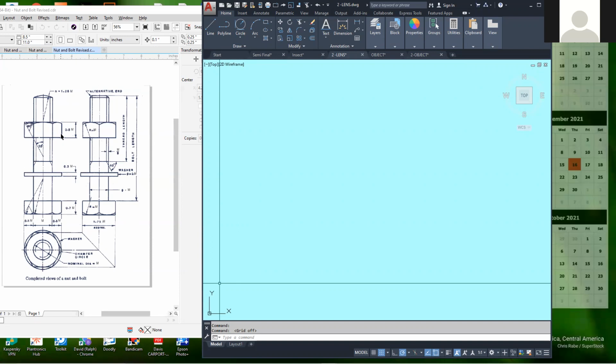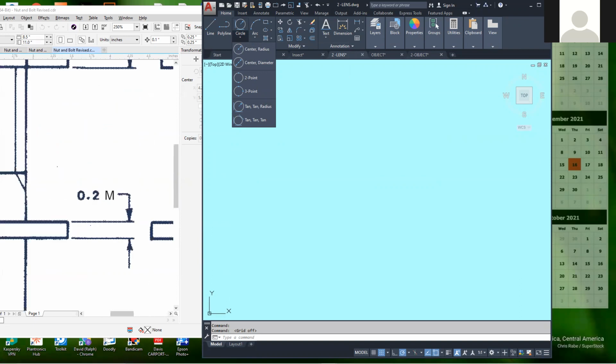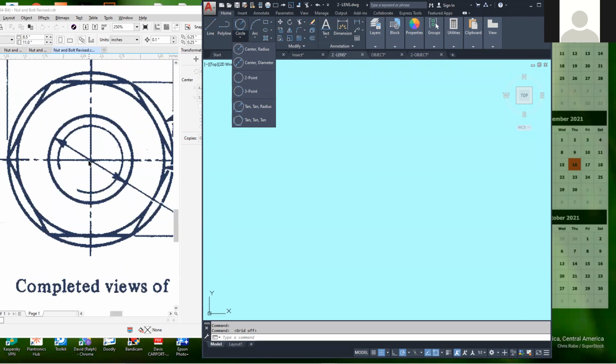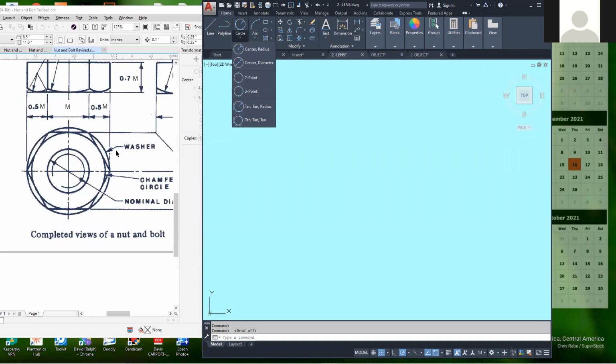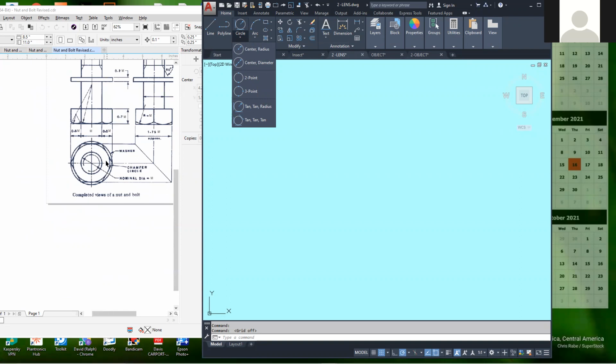Now we are given the bolt M10. In other words, the size of the shaft here is 10. The first thing is to draw a circle. There are two ways you can draw it. You can draw a circle and put the hexagon inside the circle.